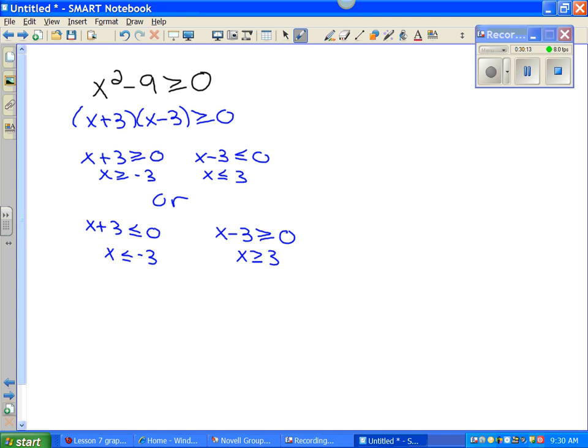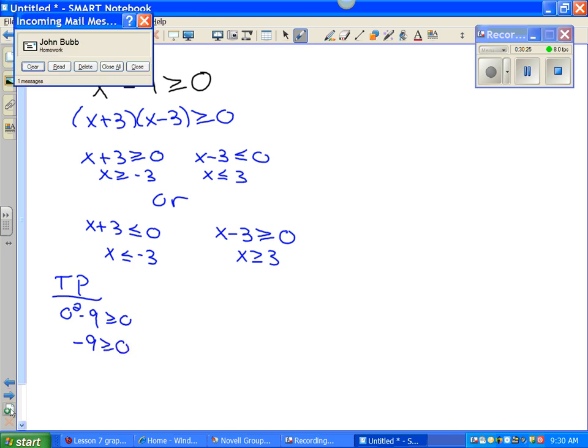How do we figure out which one it is? Through that test point, right? Test point is 0, so 0 squared minus 9 is greater than or equal to 0. Is -9 greater than or equal to 0? That's false, right? So 0 cannot be part of my solution. So x is greater than or equal to -3, x is less than or equal to 3.